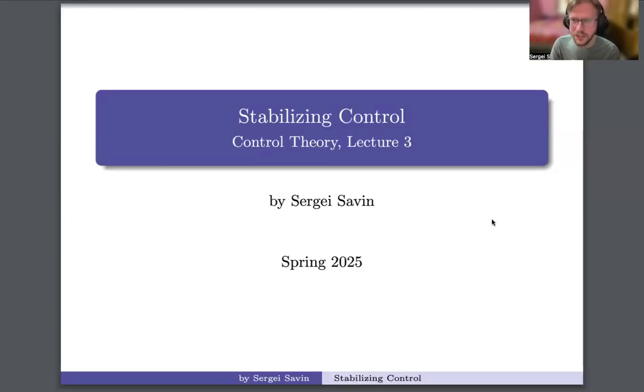Okay. So today our goal is to make a next step in our very rapid trajectory through control theory. We will learn what it means to control something. Just to quickly reiterate what we have done so far, we managed to learn how to describe systems that we want to control.